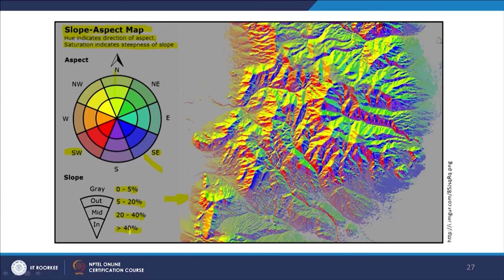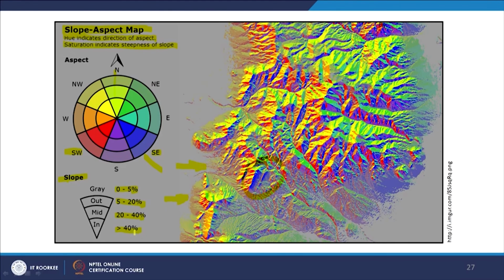So, that means they have high slope values and the direction is towards the north for the green, light green, fully saturated colors. If I am getting fully blue colors like here, then what I am seeing is that the slopes are facing towards southeast and in terms of percentage the slope is more than 40%.